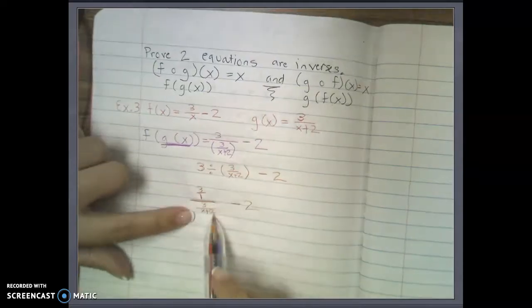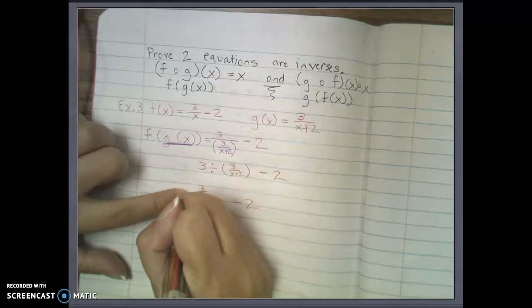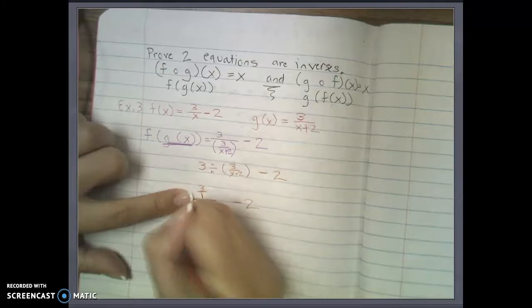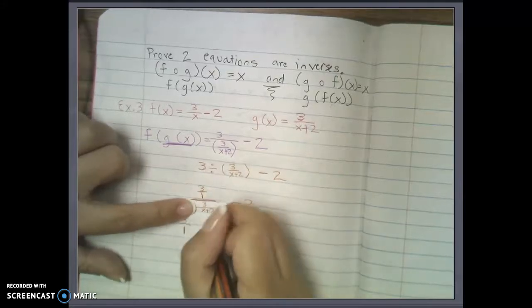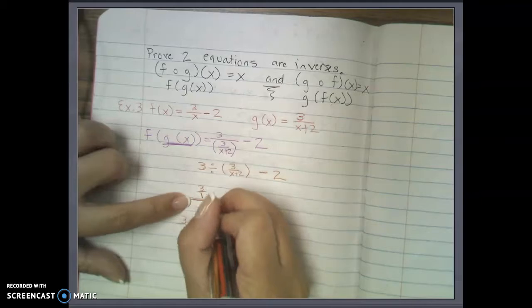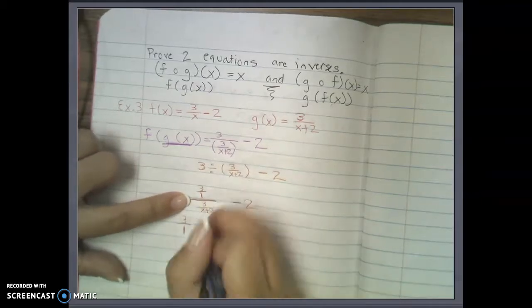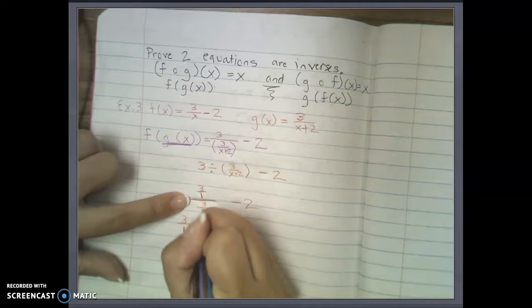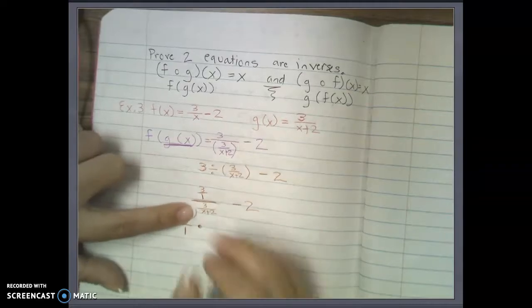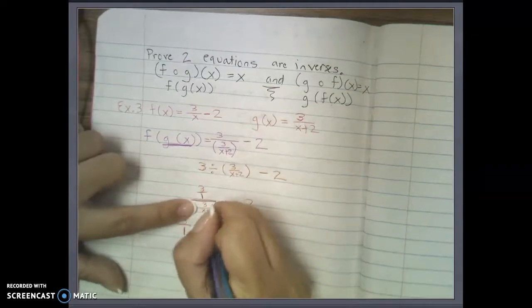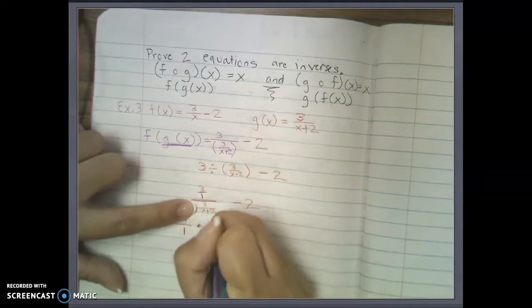When we're dividing fractions, you keep the fraction on top the same, and then you flip everything else. So instead of division, the opposite of division is to multiply, and then you flip the fraction at the bottom. So that's x plus 2 over 3.